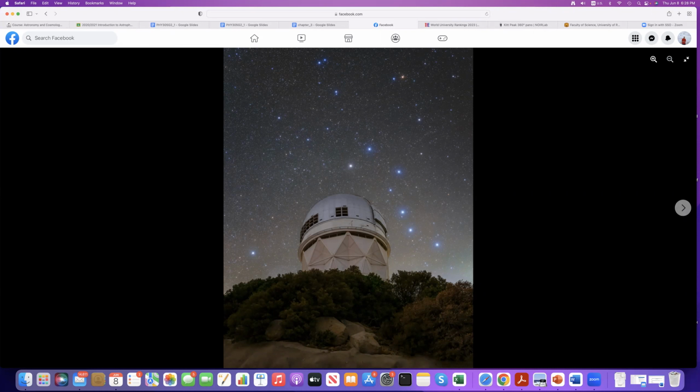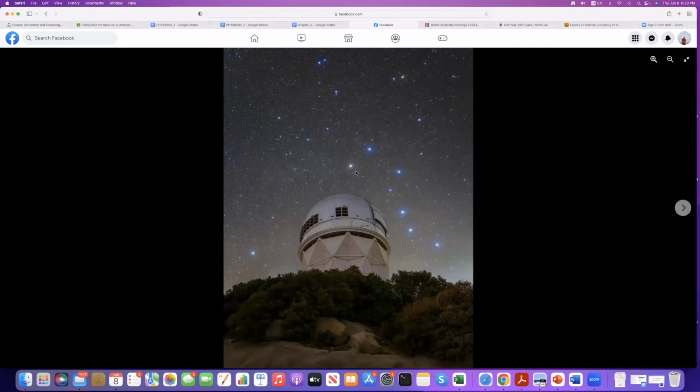I assume that you can see my cursor, right? These 4 stars right here and these 3 stars make the Big Dipper asterism, which is a subpart of the constellation Ursa Major.